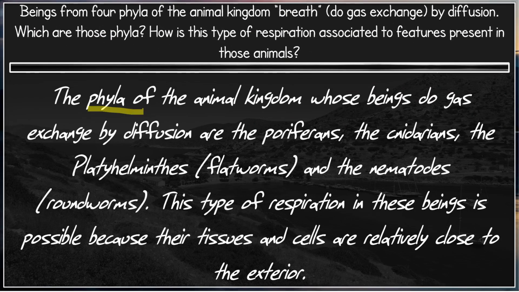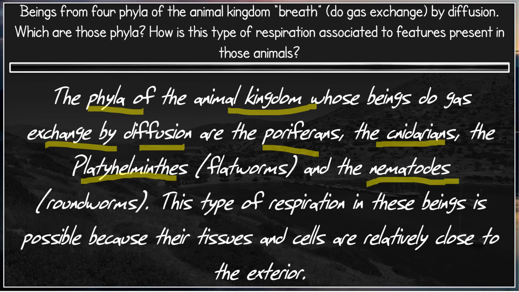The phyla of the animal kingdom whose beings do gas exchange by diffusion are the Porifera, the Cnidaria, Platyhelminths, the flatworms, and Nematodes, the roundworms. This type of respiration is possible because their tissues and cells are relatively close to the exterior.